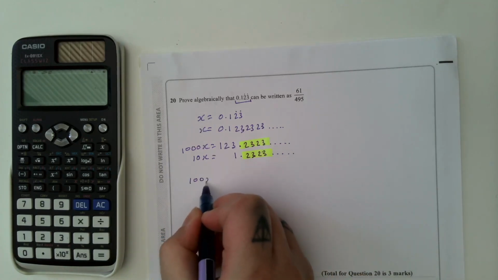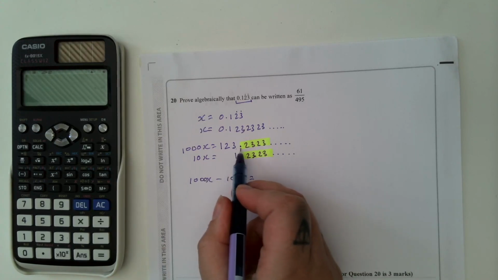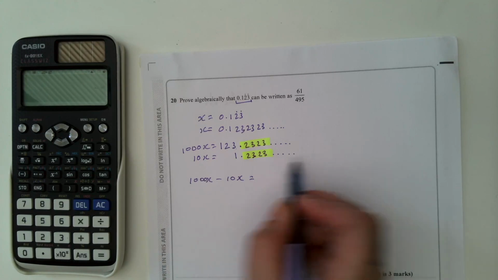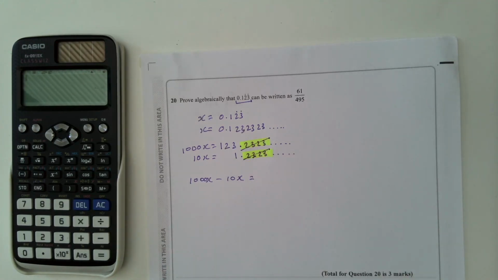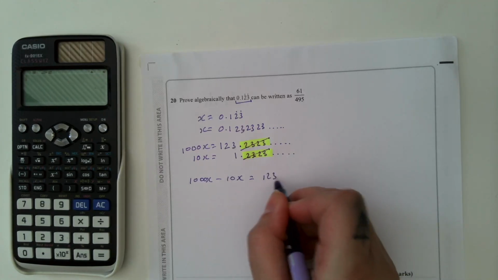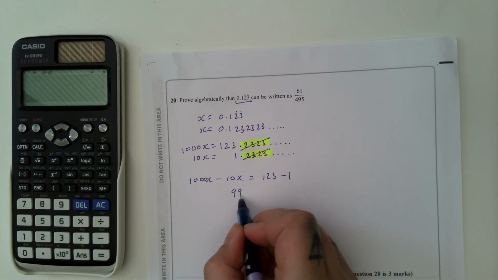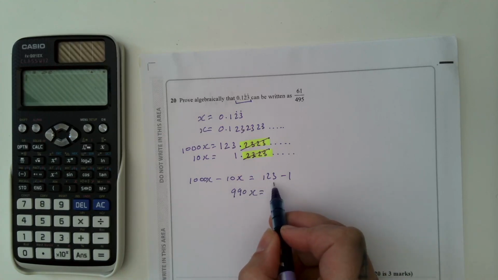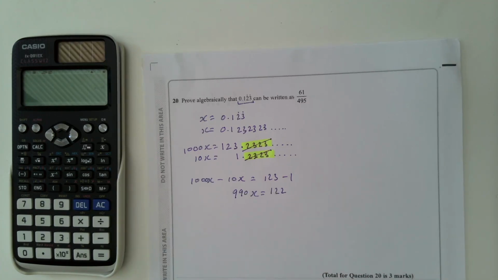So 1000x subtract 10x is equal to 123.23 subtract 1.232323. Well, when I subtract them, the decimal part's going to cancel out. So I'm doing 123 subtract 1. So 1000x subtract 10x is 990x, and 123 subtract 1 is 122.